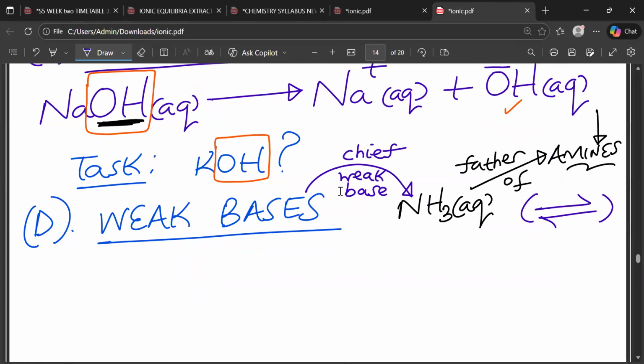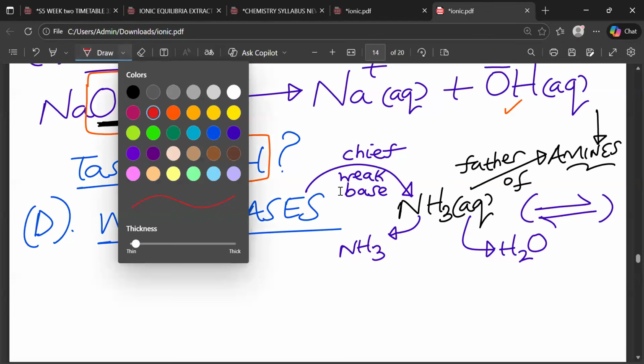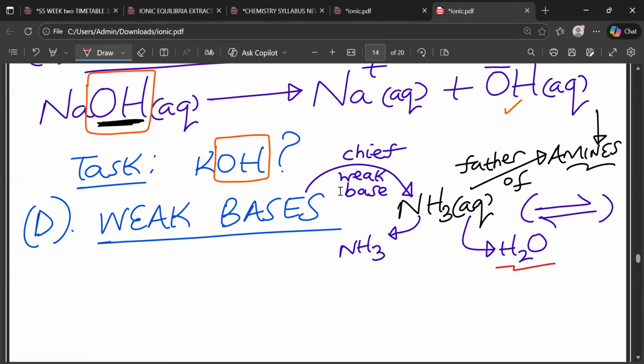When they say ammonia aqueous, this means ammonia solution. Aqueous ammonia means what? Water, isn't it? So water assists it. When you say ammonia solution, solution means water. When you say aqueous ammonia, aqueous means water. That means for these weak bases, water must be part. You don't have any alternative.